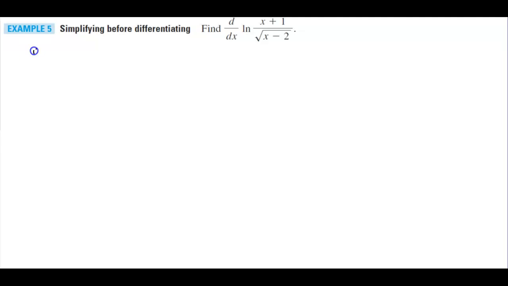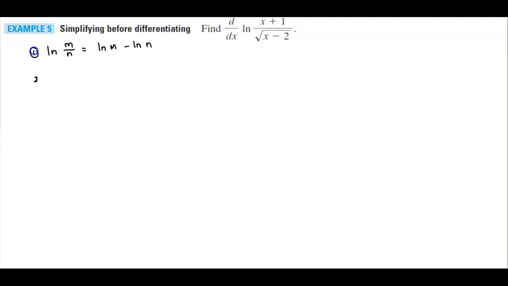So let's recall the definition of logarithms. Recall that the natural log of m divided by n states that we take the natural log of m and subtract the natural log of n.